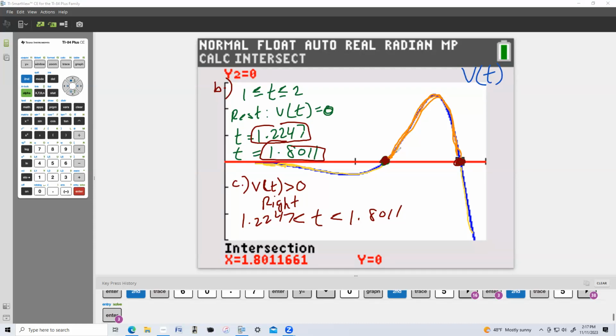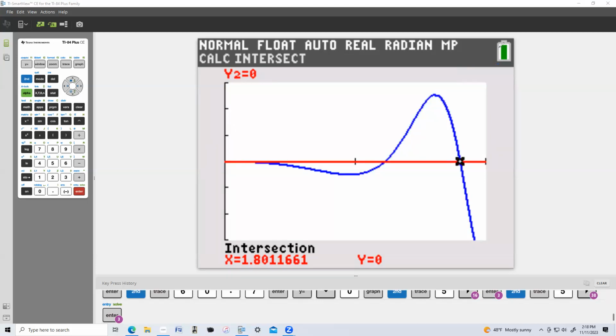Okay. And then finally, I'm going to erase to do part D. Part D says, find the acceleration of the bug when the velocity is -1. Okay, so we first have to find when is the velocity -1.